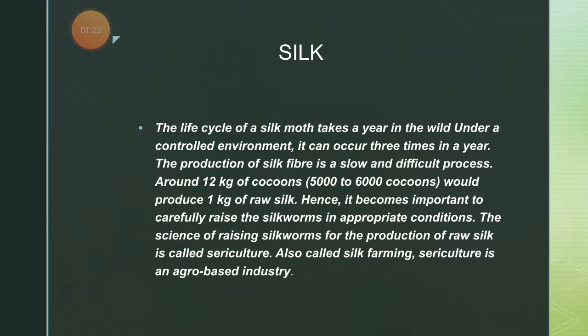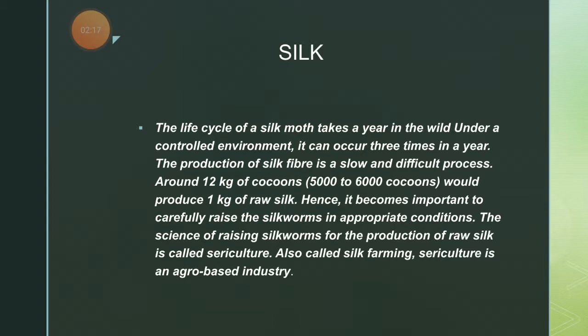The production of silk fiber is slow and difficult to process. Around 12 kg of cocoons, 5,000 to 6,000 cocoons, would process only 1 kg of raw silk. Imagine 5,000 to 6,000 cocoons, then how much silk would you get? The outer covering is the silk, but inside it the caterpillars are there.